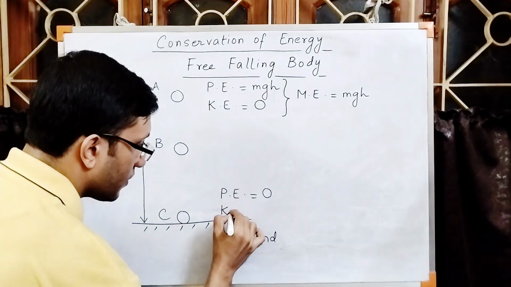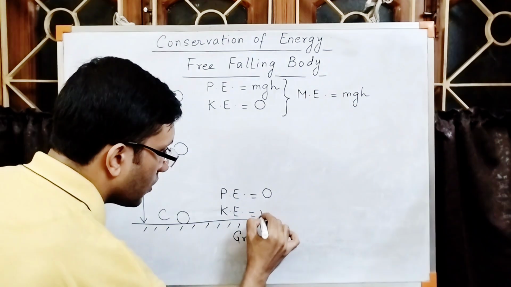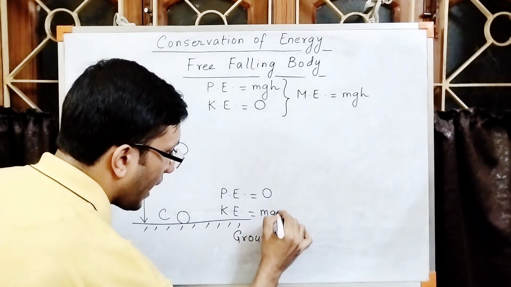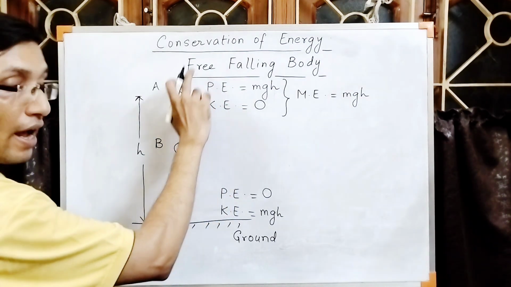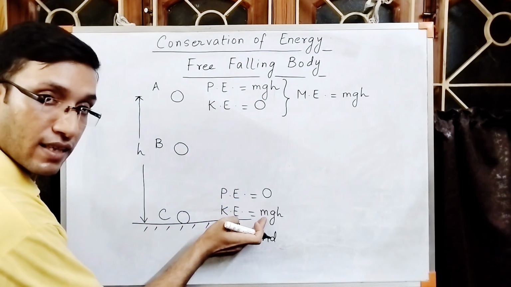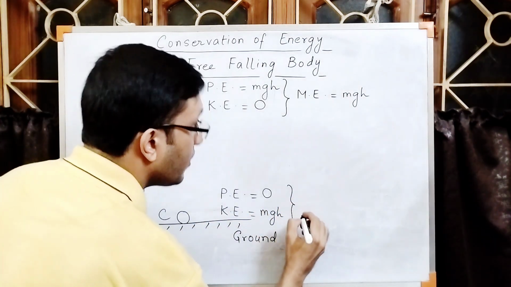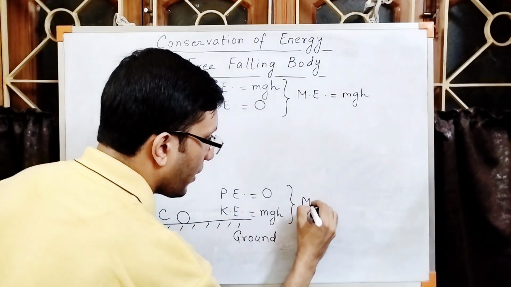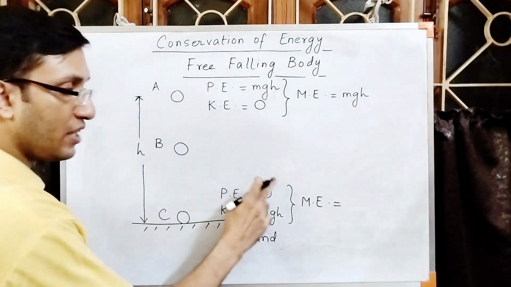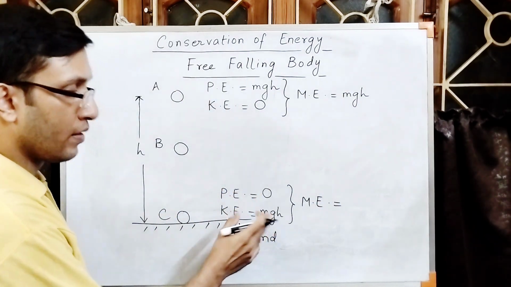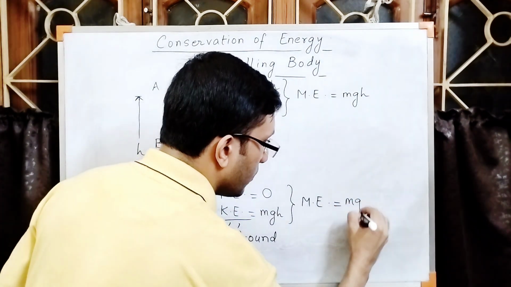So here the kinetic energy becomes mgh, because the potential energy at the highest point entirely gets converted into kinetic energy. So here also at the bottommost point, total mechanical energy is the sum of potential energy and kinetic energy. So 0 plus mgh also gives us mgh.